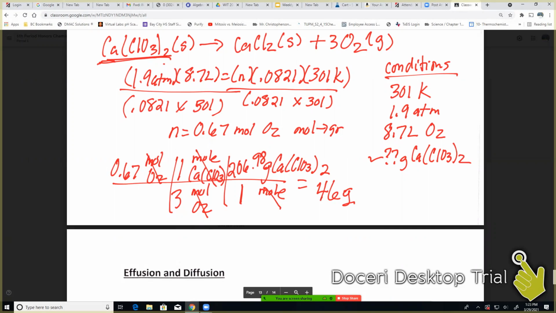You got 46 grams, and I'm going to label it as a solid, because none of those numbers had to go into the gas law, as far as that being a solid.